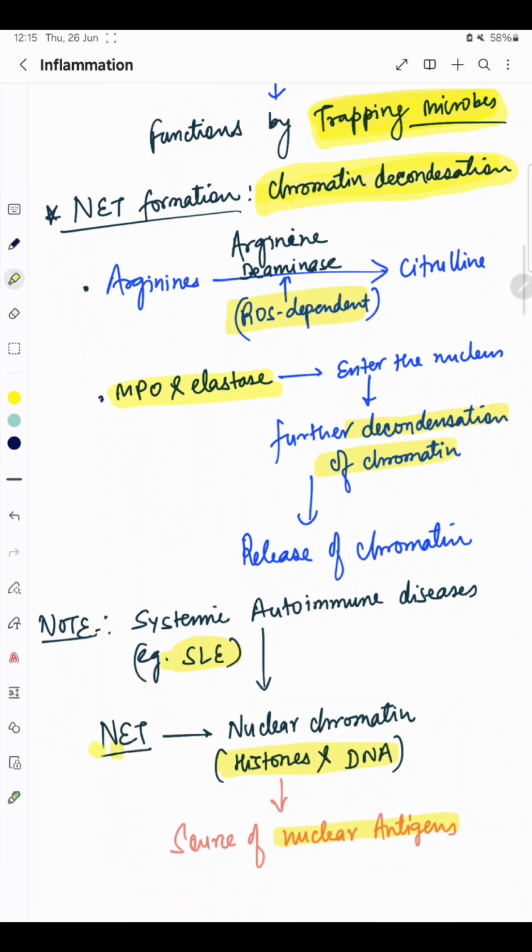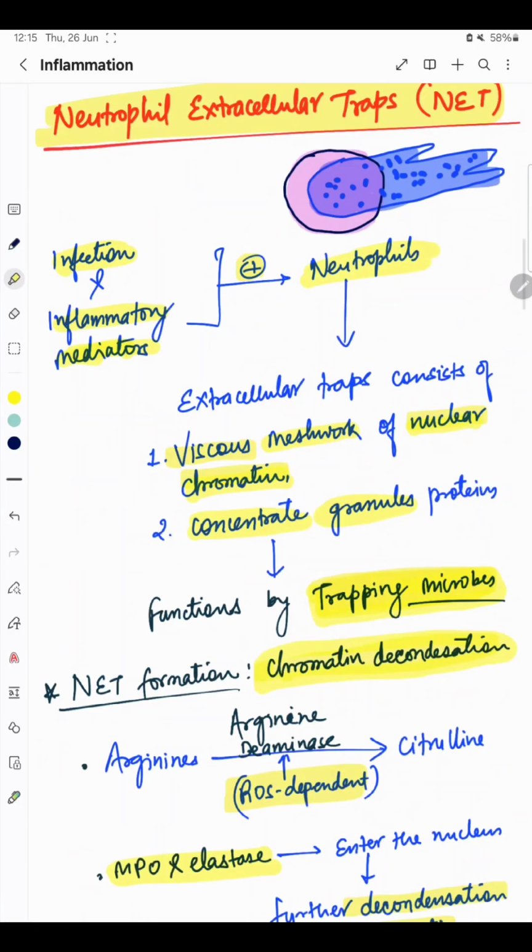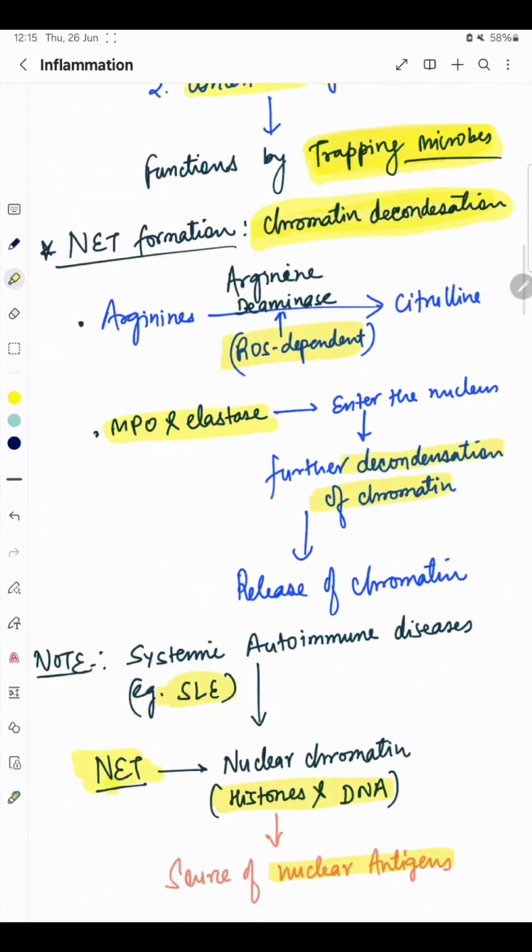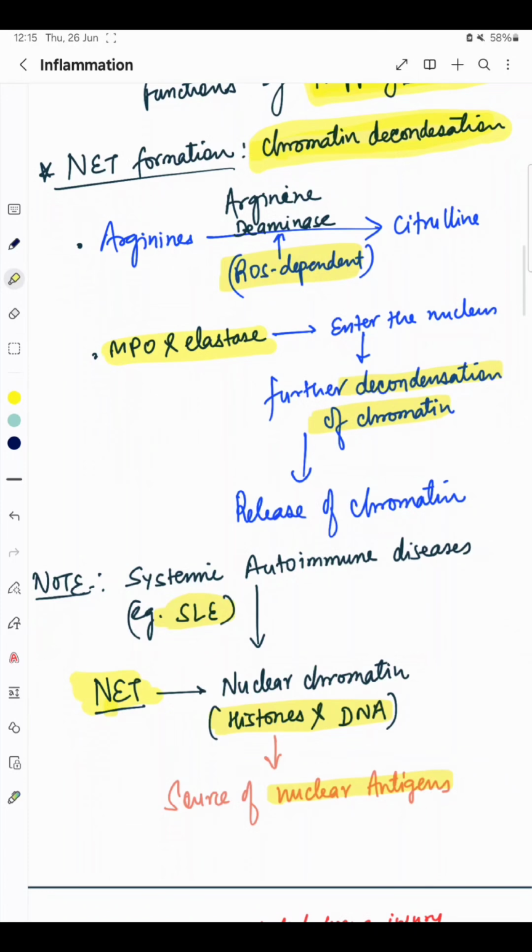Next, neutrophil extracellular traps are seen in SLE, a systemic autoimmune disease, in which this is a source of nuclear antigen.